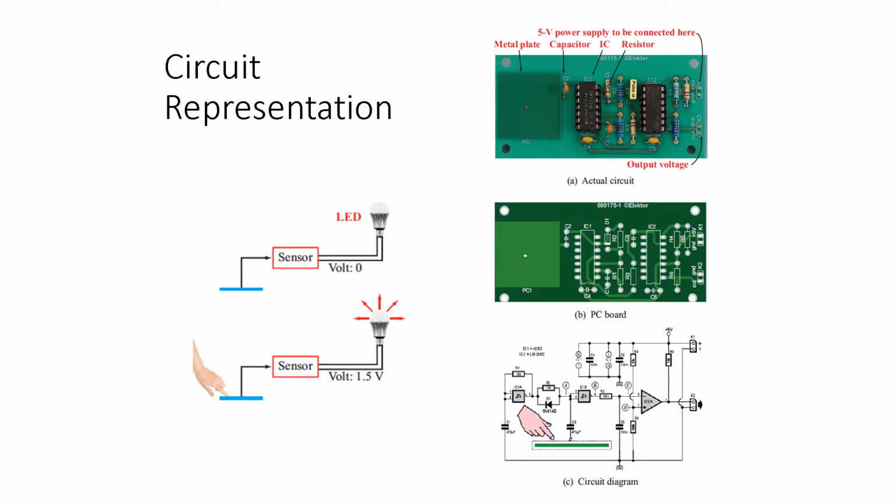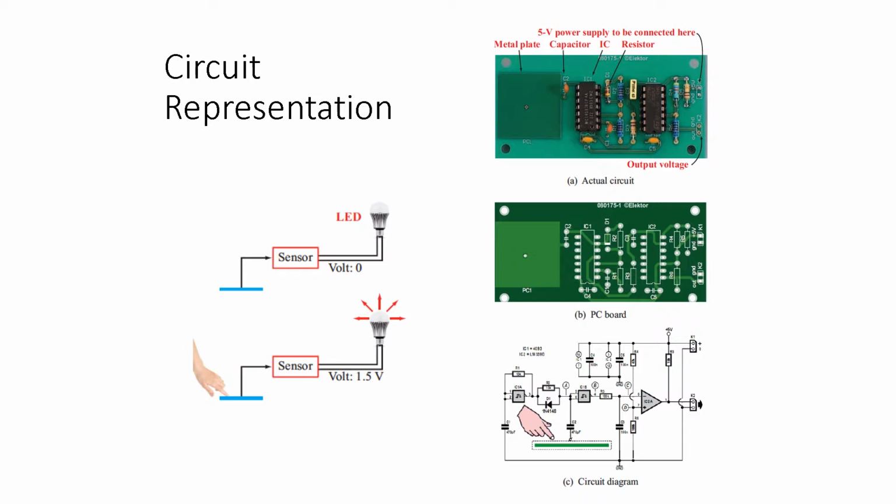So here in circuits or electrical engineering, we're going to look at a couple different ways of doing circuit representation. On the left side, you see a very simple circuit representation. This is almost a block diagram with some pictures to show what's going on. Sometimes these drawings can be very helpful to explain electrical engineering concepts to non-electrical people.